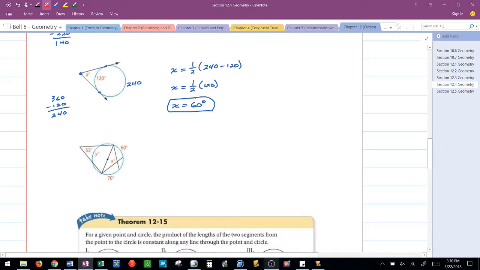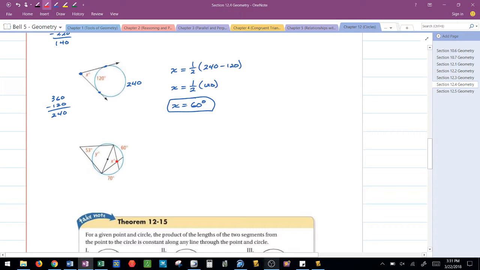All right, so let's take a look at this next one now. The first thing I'm going to do is try to find x. Now, there's a couple of different ways that I can find x. First of all, there's the vertex. The vertex is inside. I know I need to know this arc on this rim, and I need to know this arc down here. Well, I also notice that this line right here is a diameter.